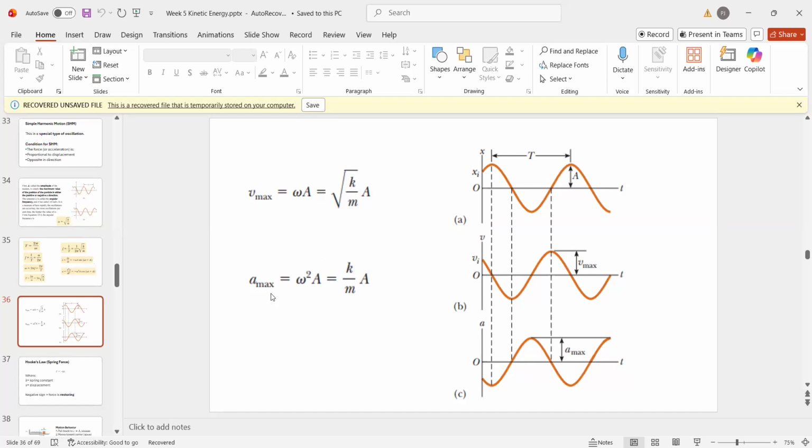So this is what we have in this regard, and you're able to have this as the maximum acceleration. This is the formula when you are asked to find the maximum acceleration or the maximum velocity. If you have the omega and amplitude, you use these, or if you are given k and m, then you use this instead.